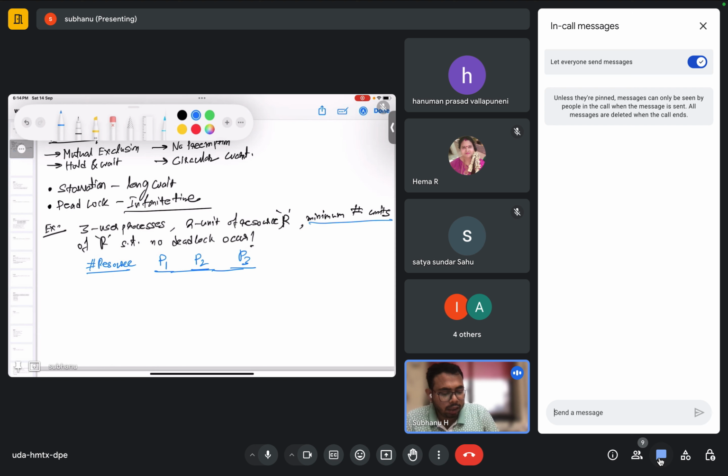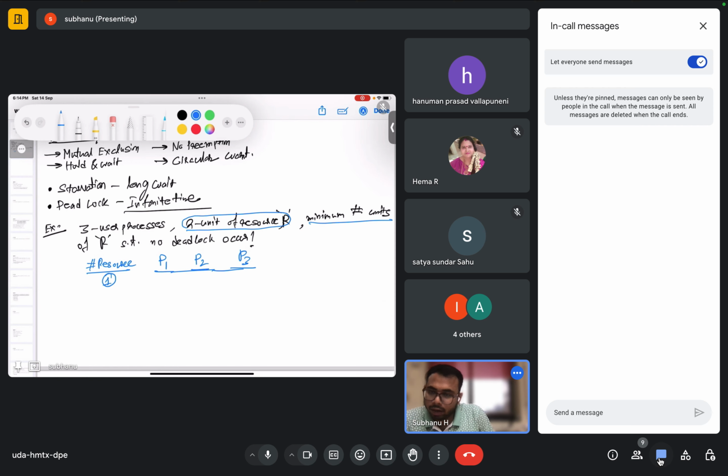Suppose we start with one resource. Will there be a deadlock? Yes, because if any process wants to execute, it needs a minimum of two units of resource. So one is not a possible option.